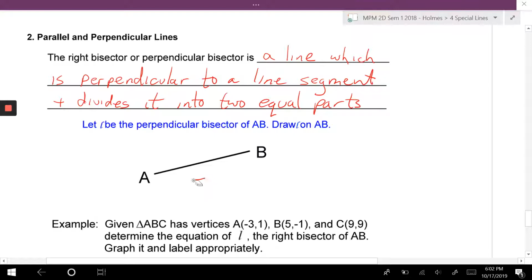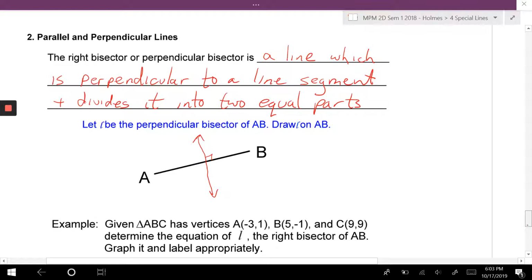You should take your ruler and draw a line perpendicular. Imagine this is done with a ruler, and that's at 90 degrees. That's what it would sort of look like.